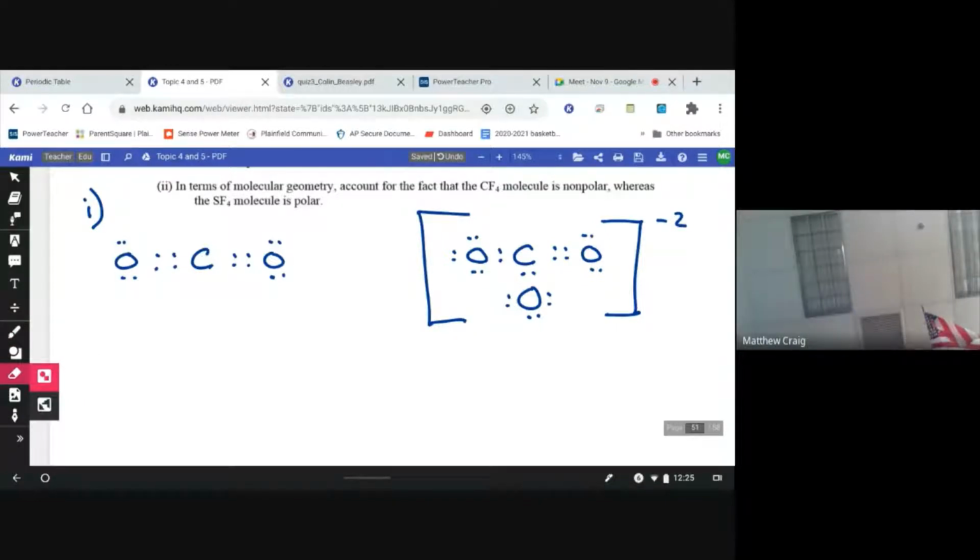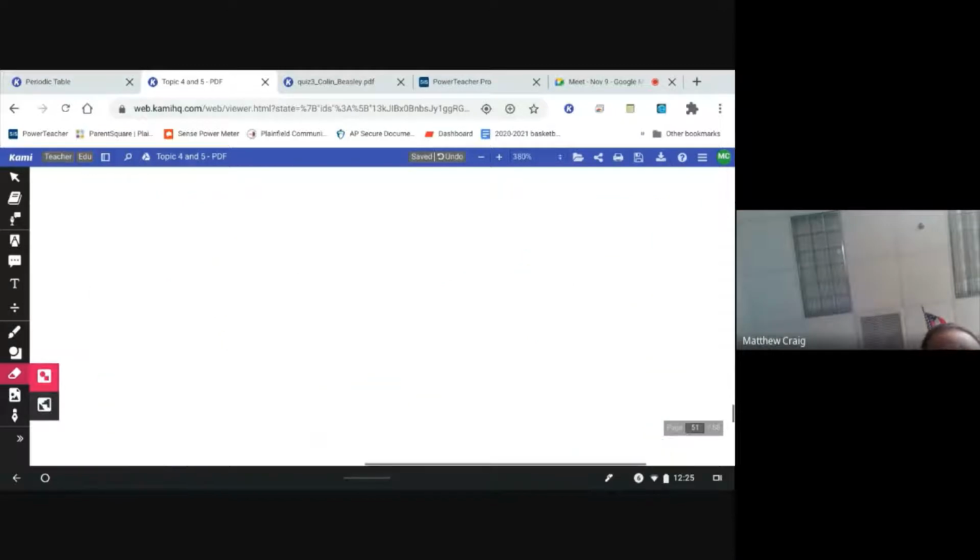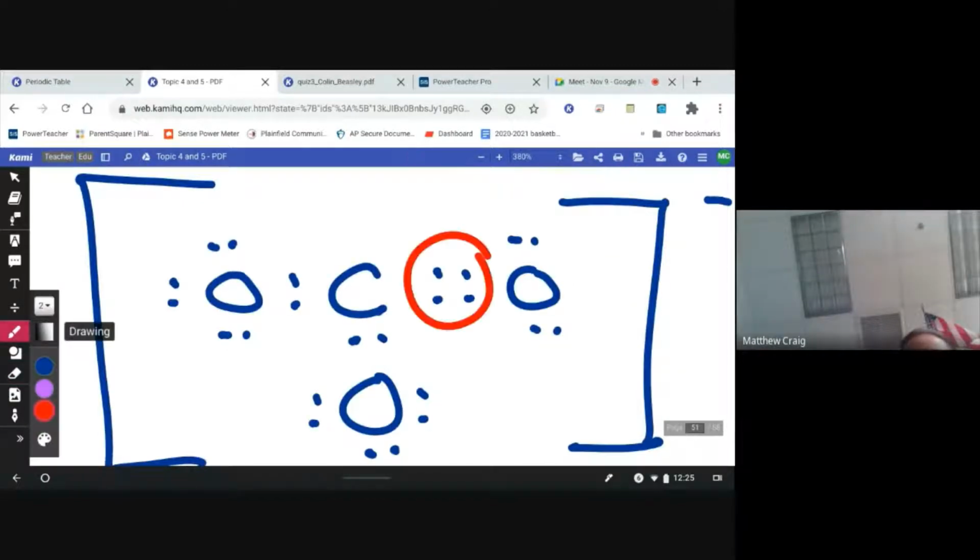And how many resonance structures does carbonate have? Was that a guess or do you know? I'm for sure 3. 3 resonance structures. In other words, the double bond that's here can either be here or here. And actually, it keeps rotating around.